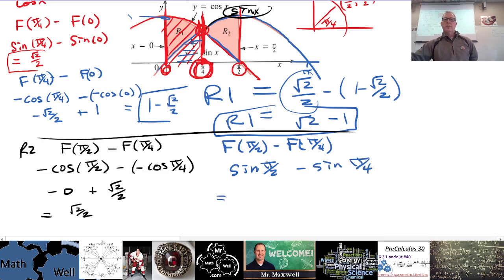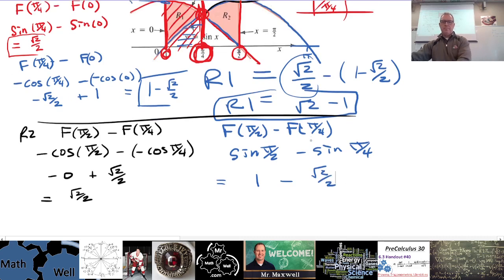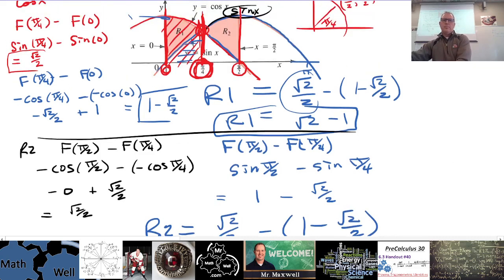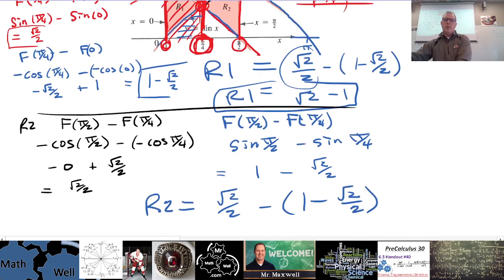Sine of pi over 2 is 1, minus root 2 over 2. So R2 is going to be root 2 over 2 minus (1 minus root 2 over 2). And does that look familiar? Root 2 minus 1. So that's the same as R1, isn't it?